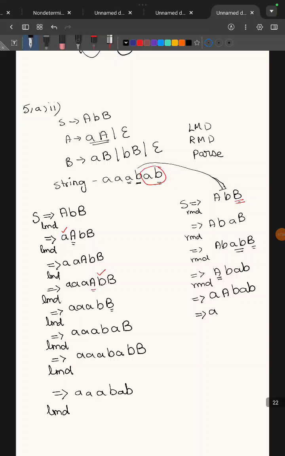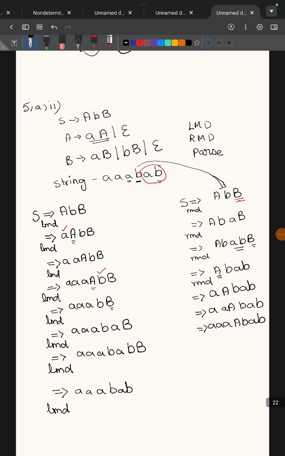Once again I want AA because I want 3 A's in my string, since I have 3A and BAB. Now at this step I will replace my variable A with epsilon. So I can write directly AAA BAB. So I have derived the given string by using leftmost and rightmost derivation.